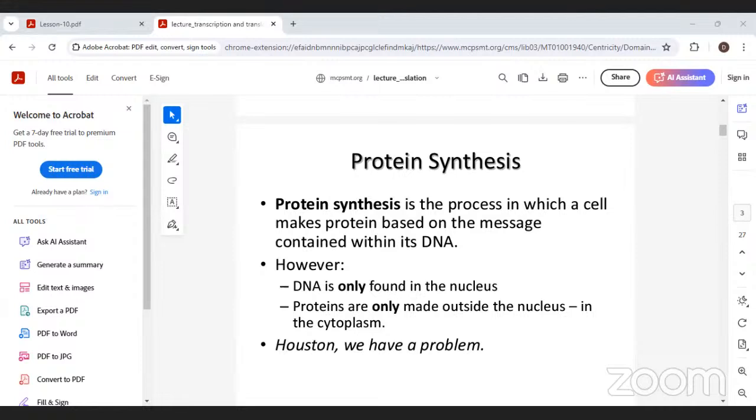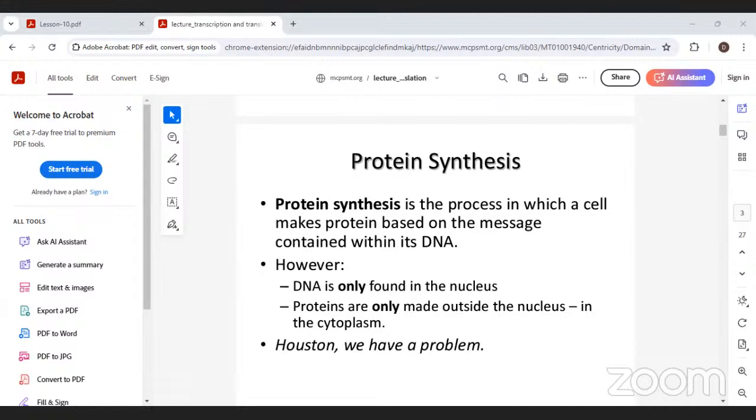Translation is the synthesis of a protein based on the information of mRNA in the form of a nucleotide sequence, which is complementary to that of the DNA from which it was synthesized.